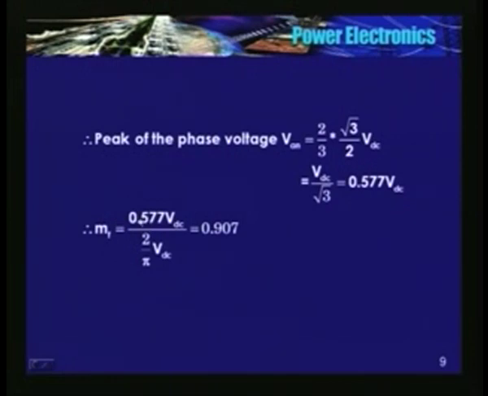I will repeat, I found the ratio of the fundamental in space vector to square wave is 0.907.